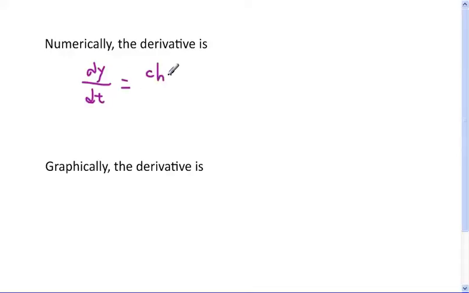At the moment you're looking at, you look at the change in y, how much y is changing over a very small time interval. And now to make it a rate, you divide by the change in time. You divide by the size of the time interval.